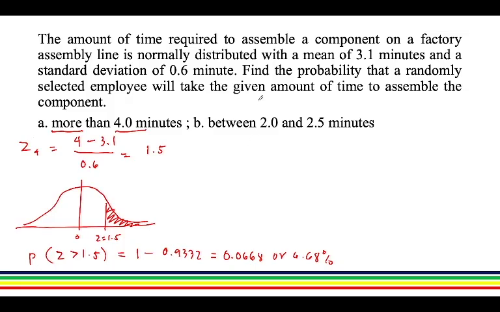For letter B, we have to convert the 2 and 2.5 minutes into z values. This is negative 1.83.